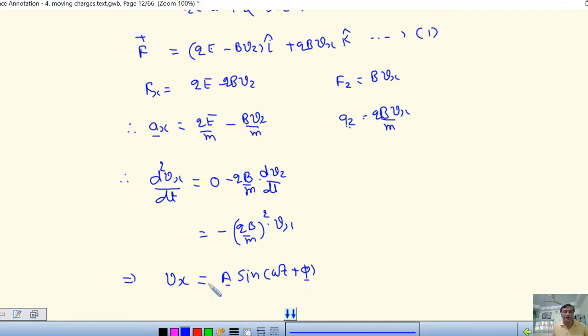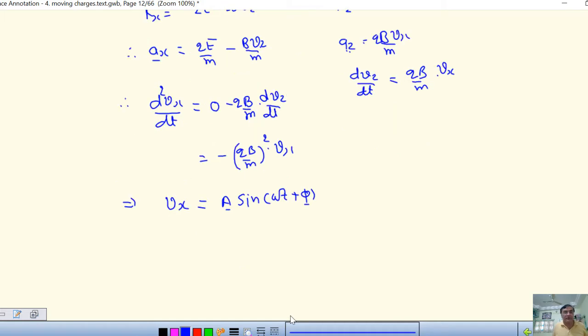From the initial conditions. Let me write the condition of our equation on the side: dvz by dt is equal to qb upon m into vx. So now we determine a and phi.